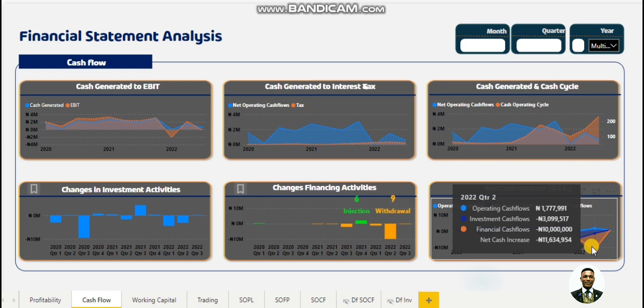So clearly the cash flow of the business needs to be thoroughly paid attention to so as to see better ways of improving. It is recommended that the managers of the business look for a way to bridge the gap between the cash generated and earning before interest and tax by carefully monitoring the way they give out credits or they sell on credit, and also carefully monitor the way that they manage their inventory.